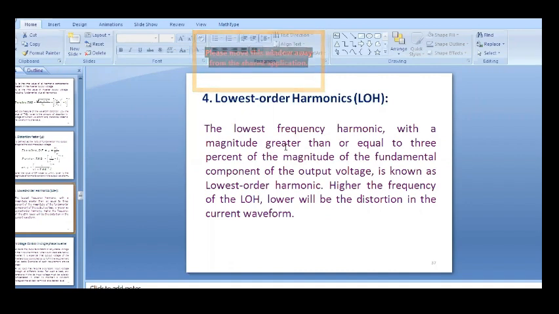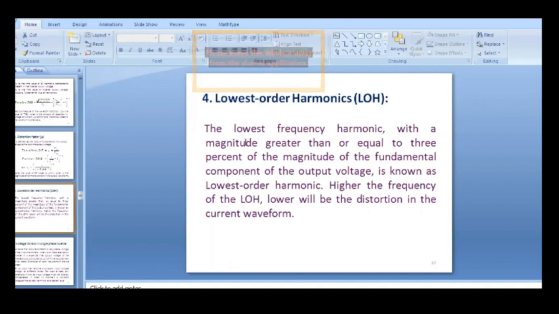Based on this, you have some numerics. If possible, I shall go ahead with a numeric class, but till then you can go ahead with numerics. There are many numerics based on the single phase full bridge inverter, the half bridge inverter, and the other parameters.